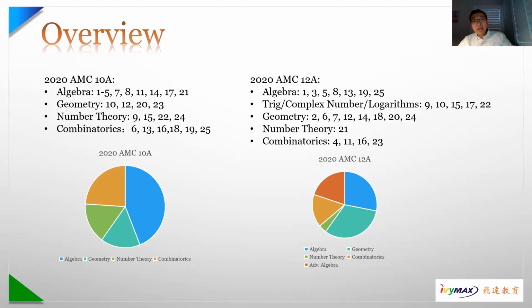And they have 5 algebra function problems, including trigonometry functions, complex numbers, and logarithm functions. That is the 12 only type. Hopefully this gives you a sense of the test in the A days, and you can use it as a reference for preparing for the B days test.